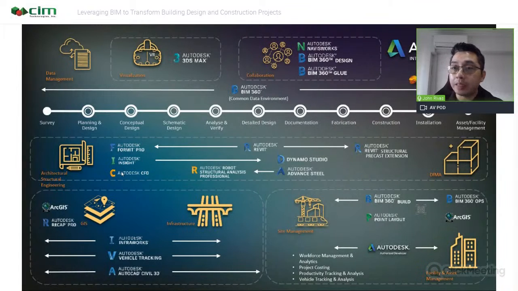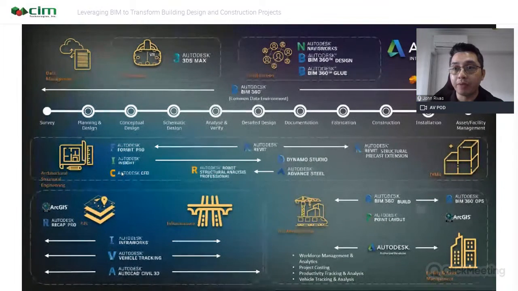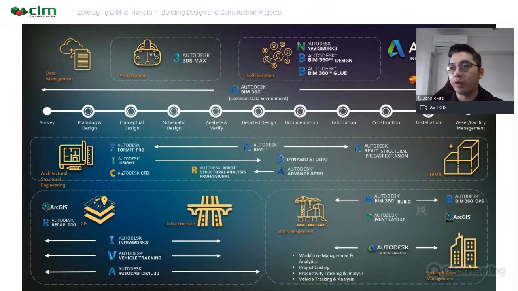This slide talks about some of the many applications that we have in Autodesk to support that IDD process, starting from conceptual design all the way to handover. On every stage of the different processes, BIM is used.